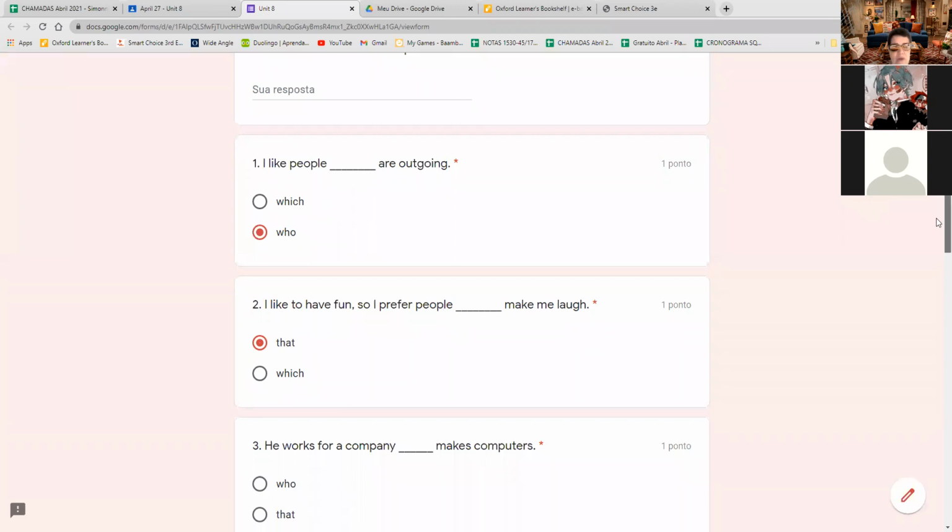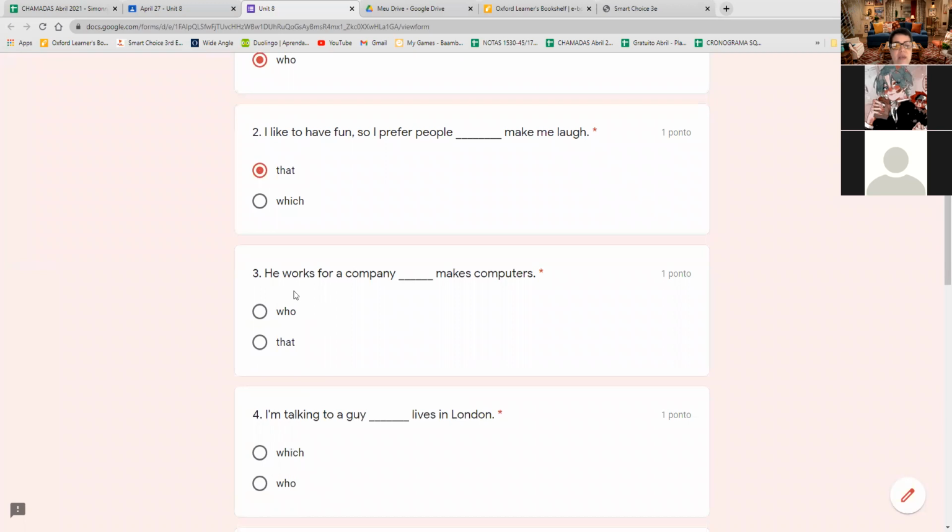So now let's go to number 3. He works for a company. That. Very good, Annalise. That makes computers. So here, what does that mean? That is the same as que. Okay? All right, Pedro.